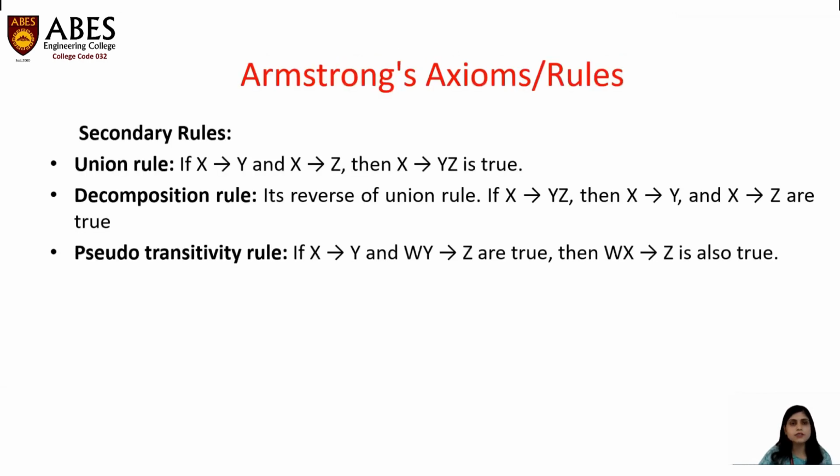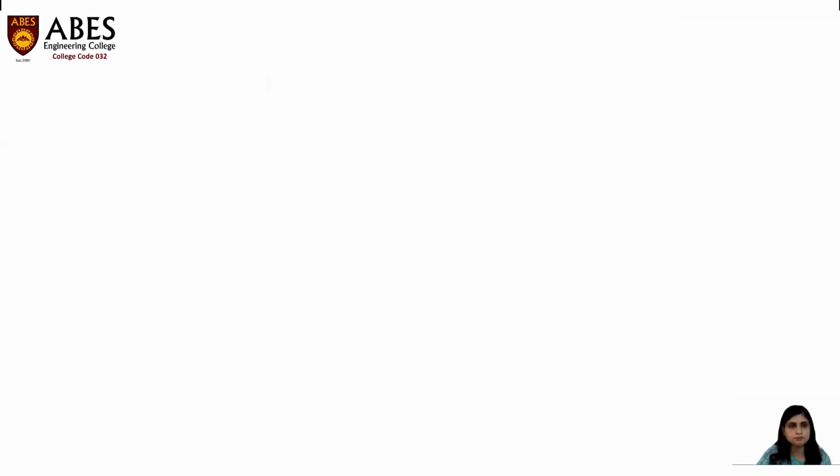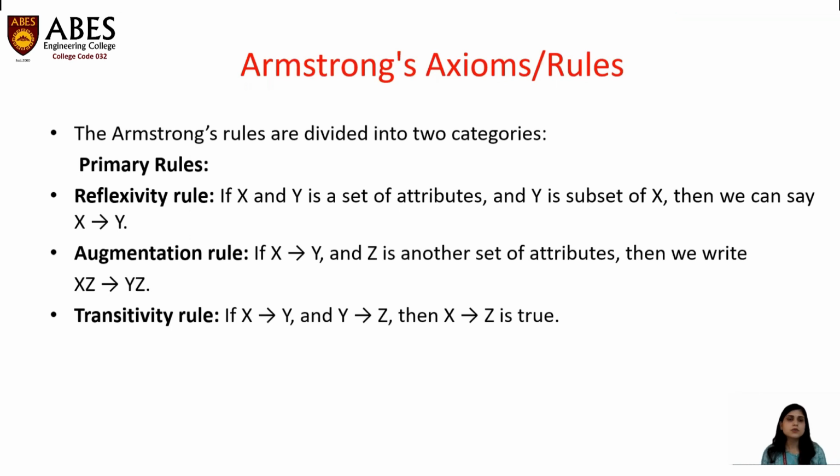The second category is called secondary rules. We'll discuss these rules one by one. Primary rules are the completely fundamental rules, with the help of which we can also derive secondary rules. The first rule that I'm going to discuss today is called reflexivity.